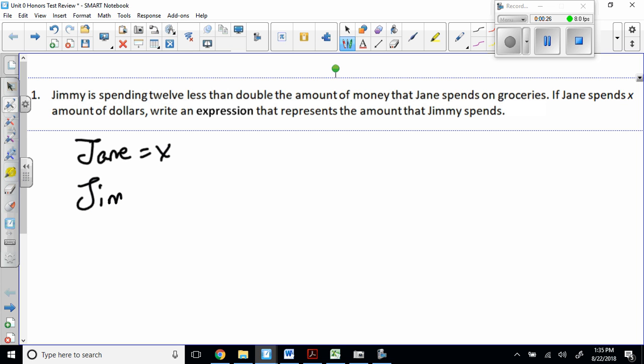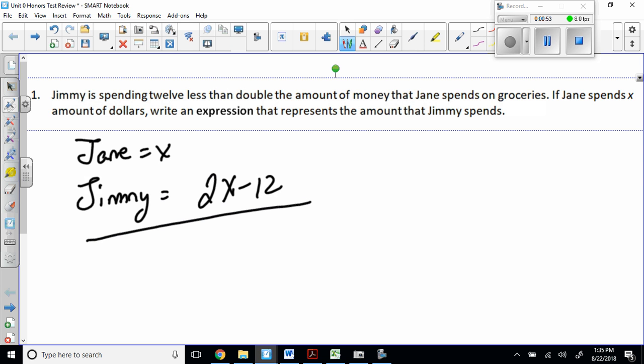But Jimmy, well, poor old Jimmy, he has 12 less than double the amount that Jane has. So Jane has X, then Jimmy would be what? Any questions? Because it said write an expression that represents the amount that Jimmy spends, right? There you go. Ladies and gentlemen, any questions? Okay, next problem.